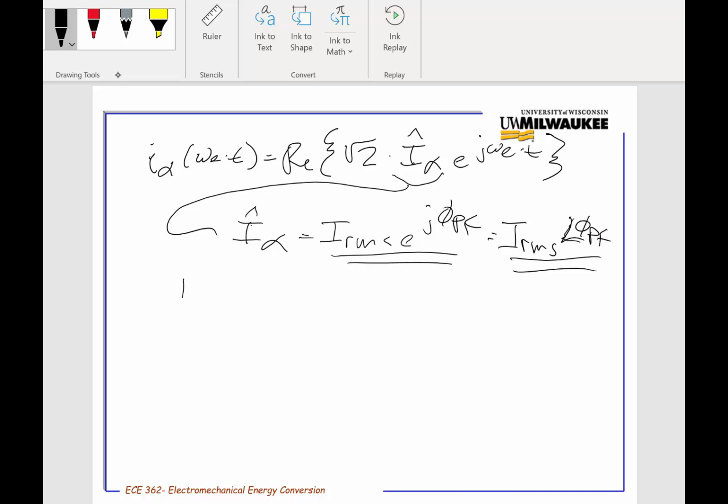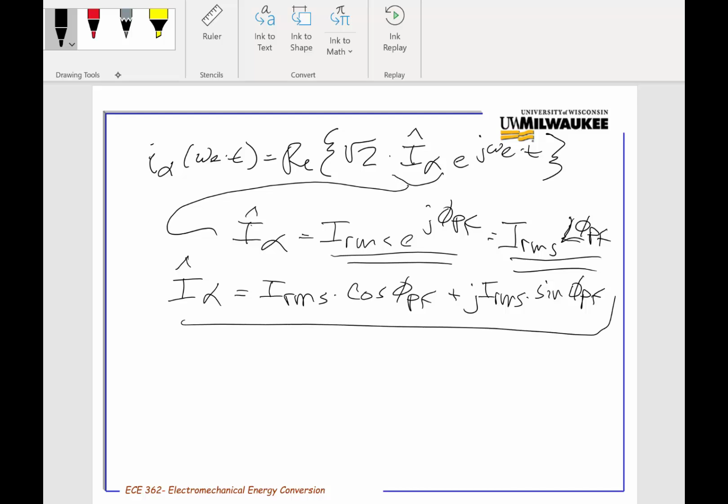Another way to write this in a Cartesian coordinate reference frame would be I RMS cosine φ pf plus j I RMS sine φ pf, using Euler's expression.